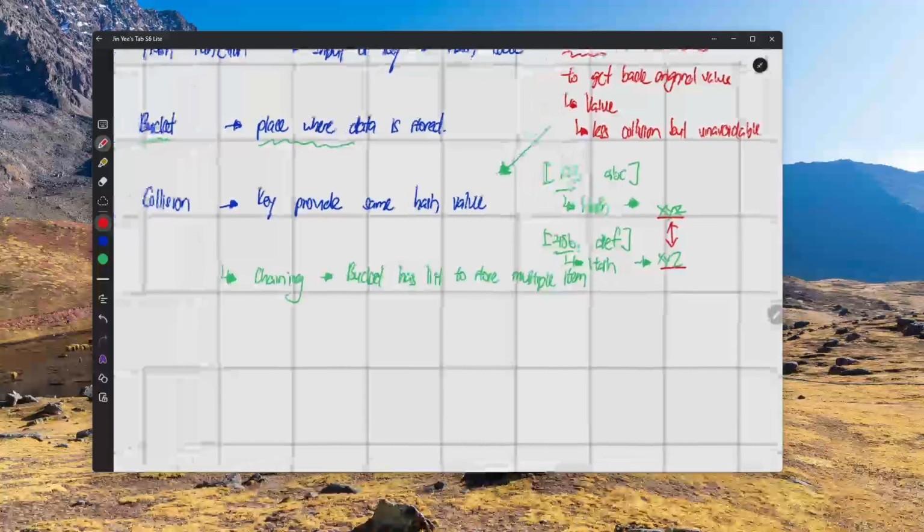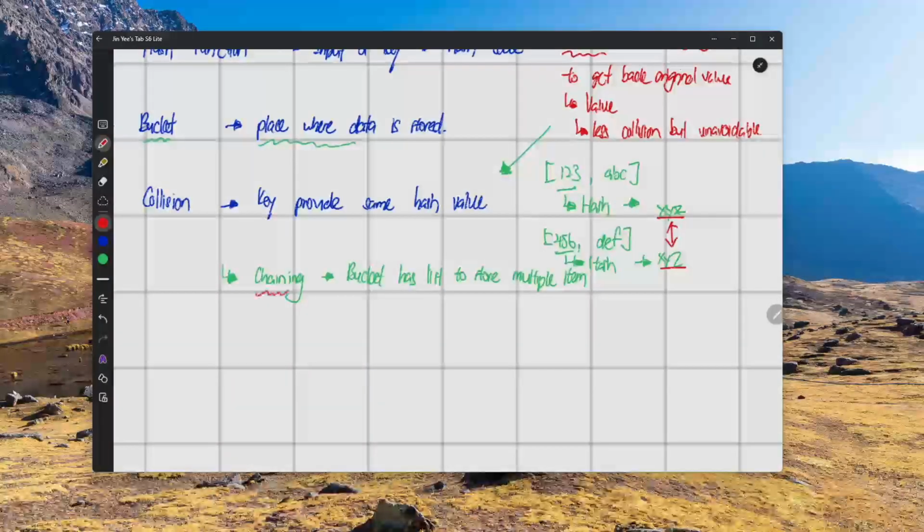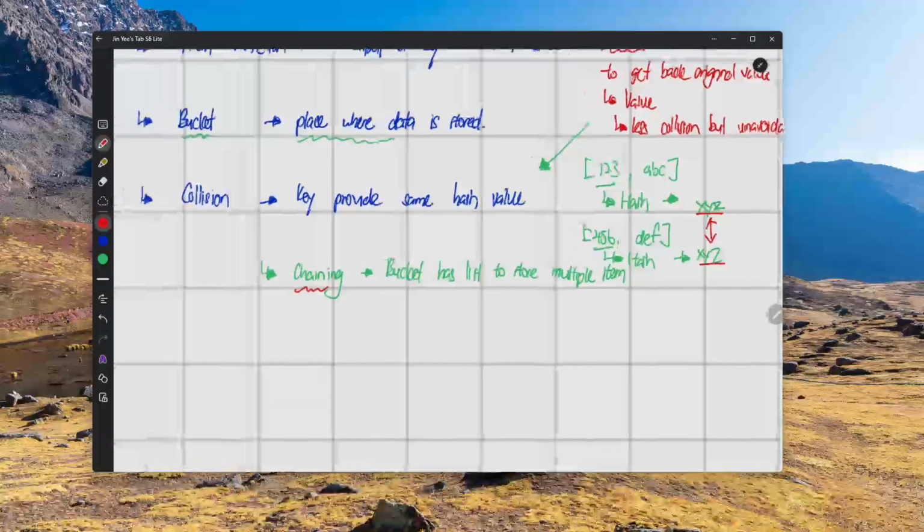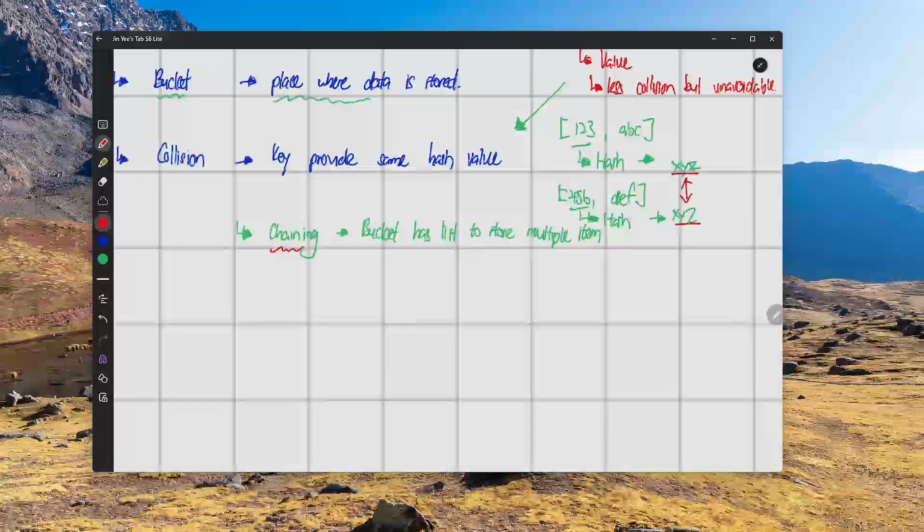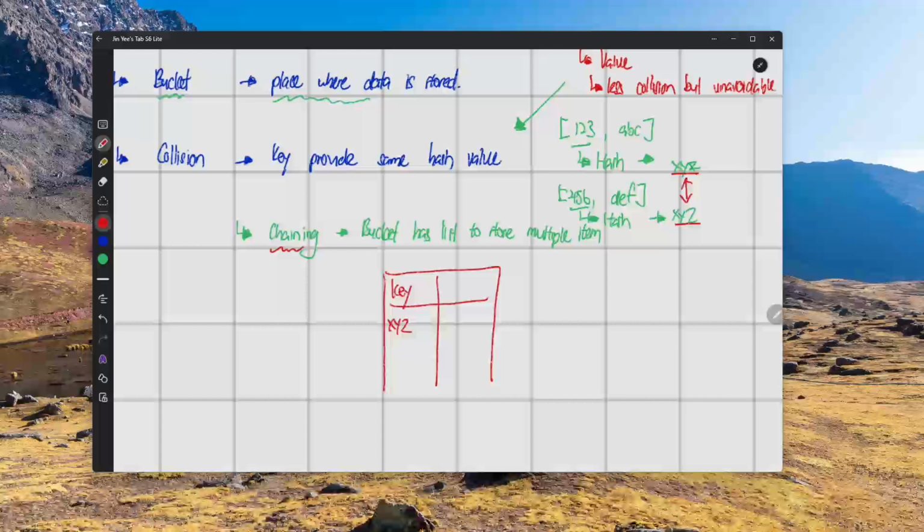So to solve this problem, we have a chaining method. In this case, we have a hash table, and then we have a key. We have the same key of XYZ because a collision happened. Then for the value, we have a bucket.